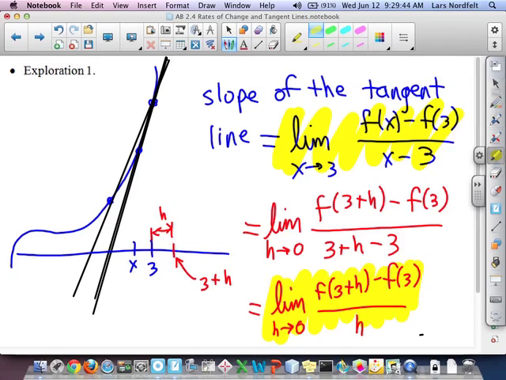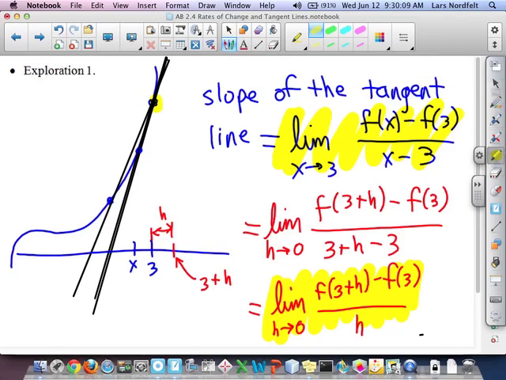Why are you finding the limit of that instead of just the limit of f of x as x goes to 3? So the limit as x goes to 3 of f of x is really just finding this point, right? But I want to find the slope of the line tangent to this function at that point.